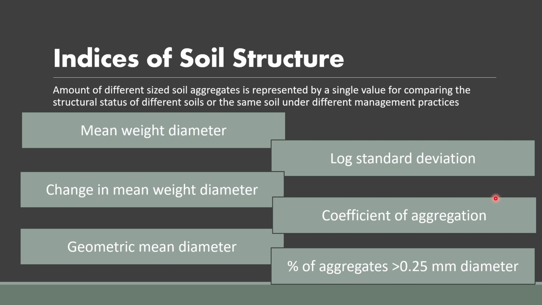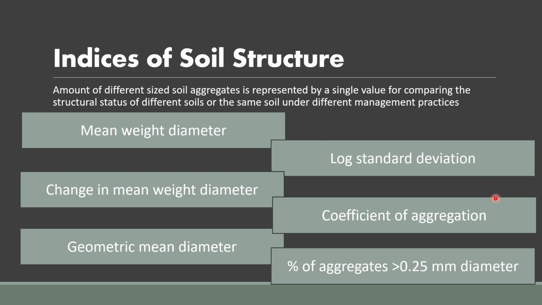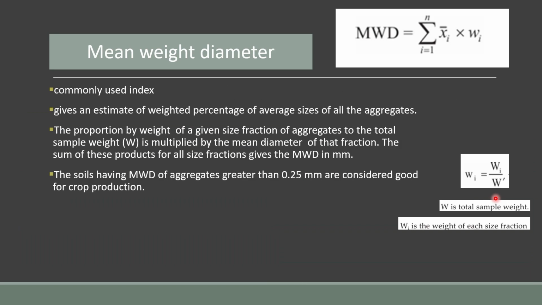So if the soil test value comes under that range, we can say that the soil is rich in or has optimum nitrogen content. Like that, these indices also have a range or some value. Above that, the structure will be like this. Below that, the structure will be like that. That means that value you should be thorough.